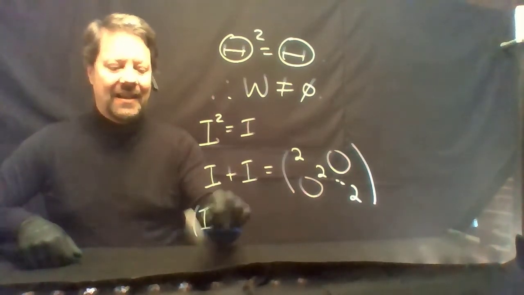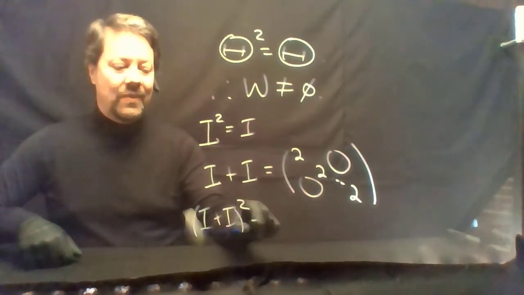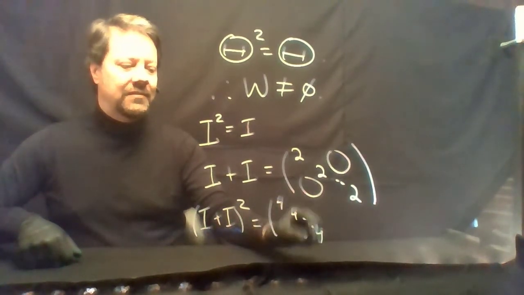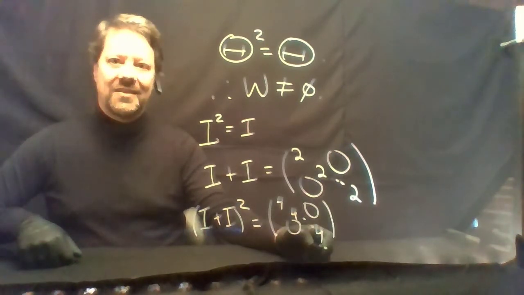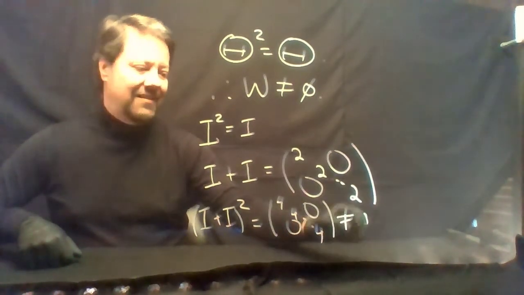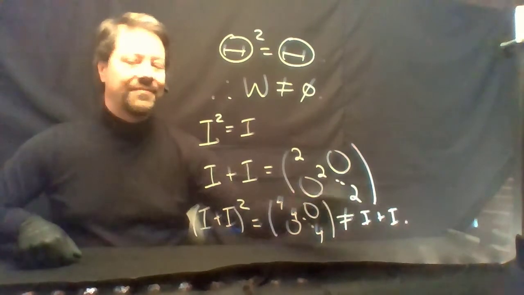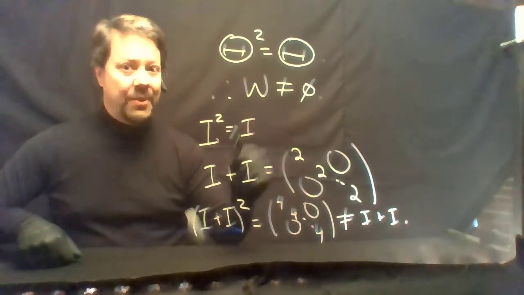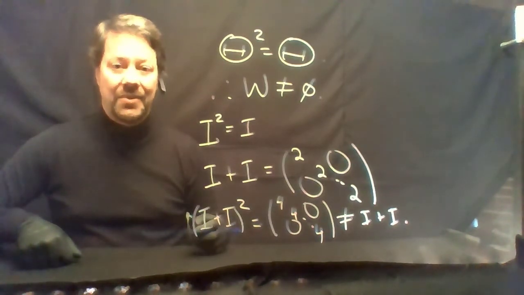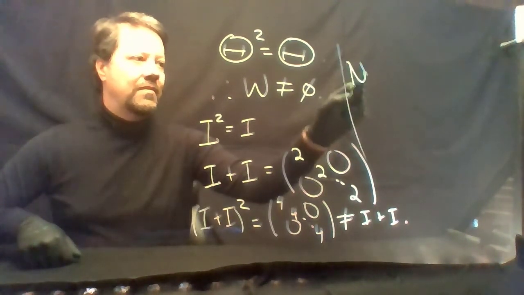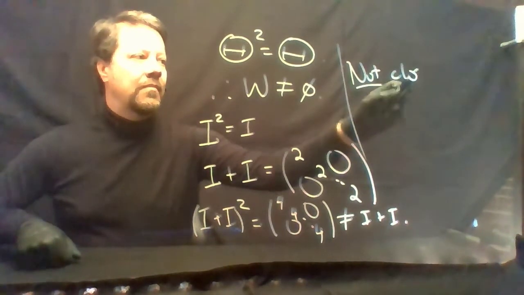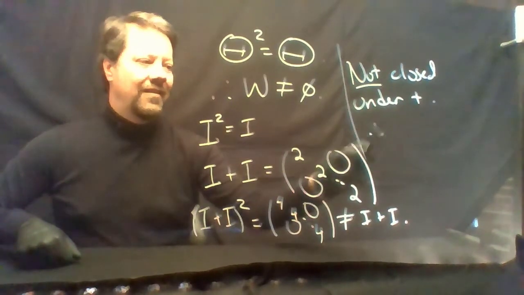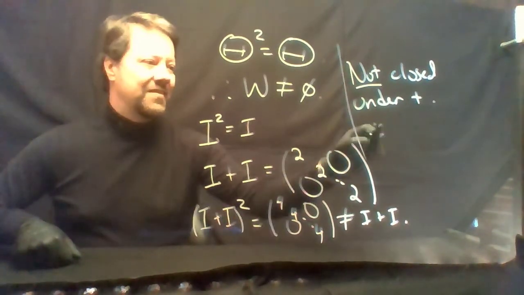If I take I plus I and square it, I'm going to end up with 4's on the diagonal and 0's everywhere else. And that's certainly not I plus I. That means that this set of idempotent matrices is not closed under addition. Therefore, it is not a subspace.